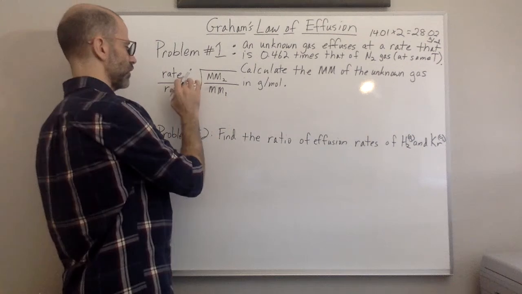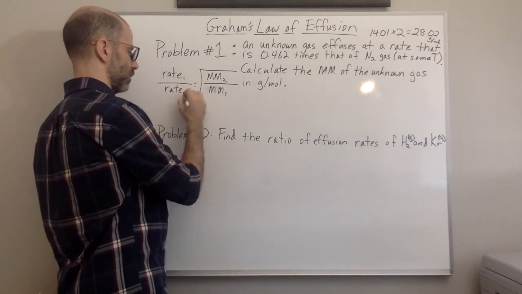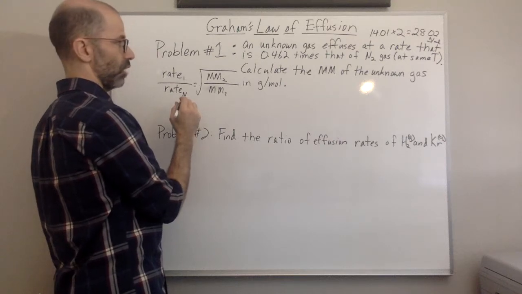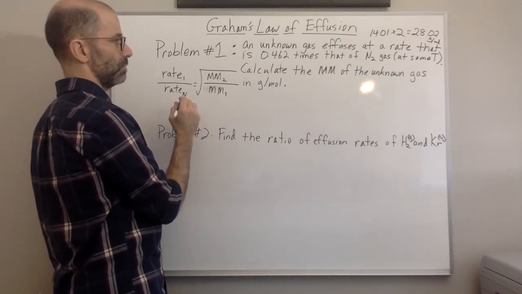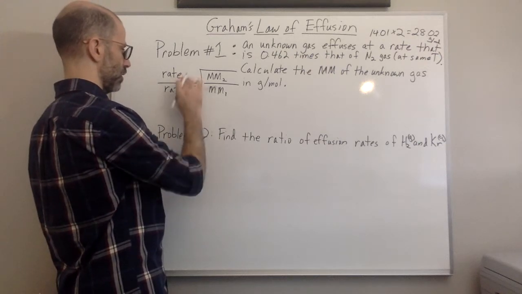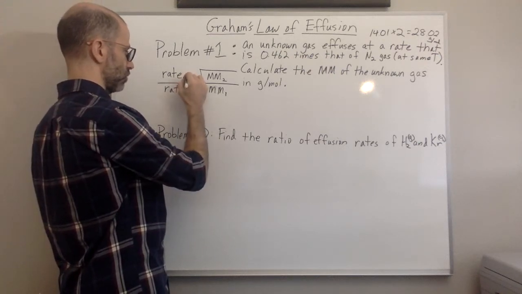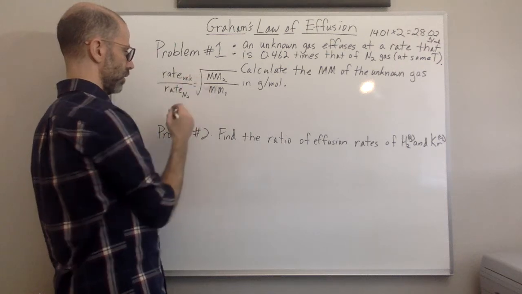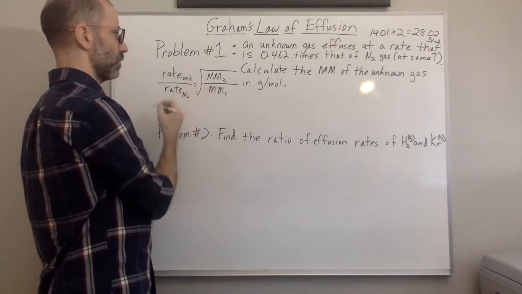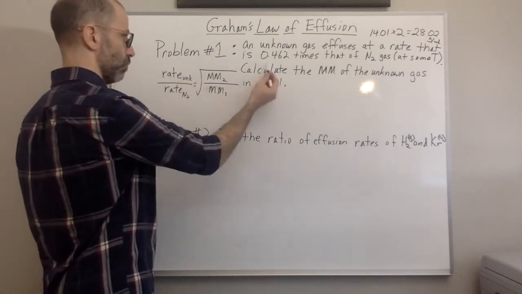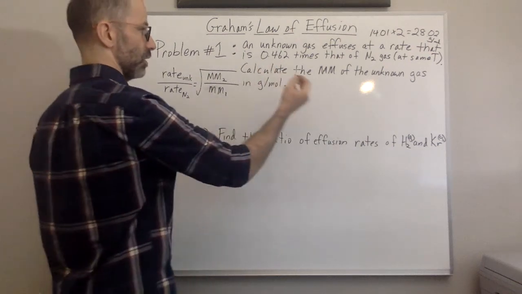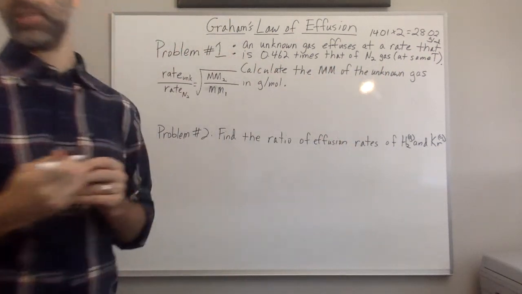So if we replace this with N2 here, and we have the unknown there, the unknown is going to be 0.462 times that of the nitrogen gas.